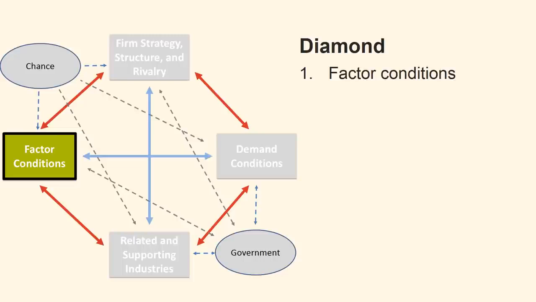The factors most important to competitive advantage in industries in advanced economies are not inherited but are created within a nation. To understand the role of factors in competitive advantage, it is necessary to distinguish between types of factors.